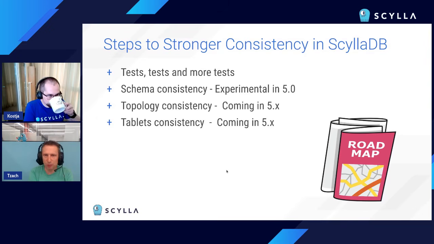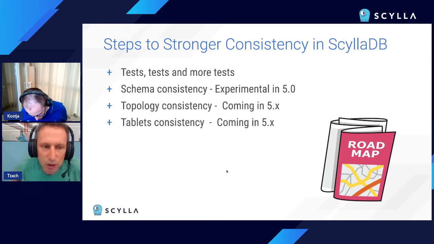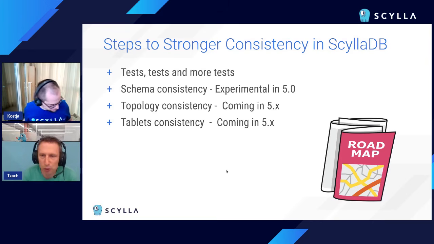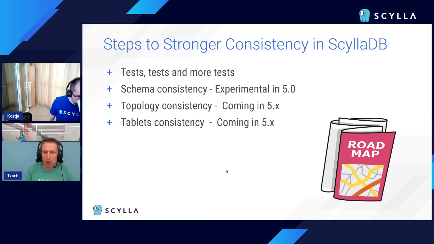But that's only our first step in the Raft journey. And our plan is to build many more features on top of Raft. So schema consistency is the first, topology consistency is the second, and later we plan to use data consistency on top of Raft as well. So a lot of good stuff is coming. And with that, let's open the floor for questions.